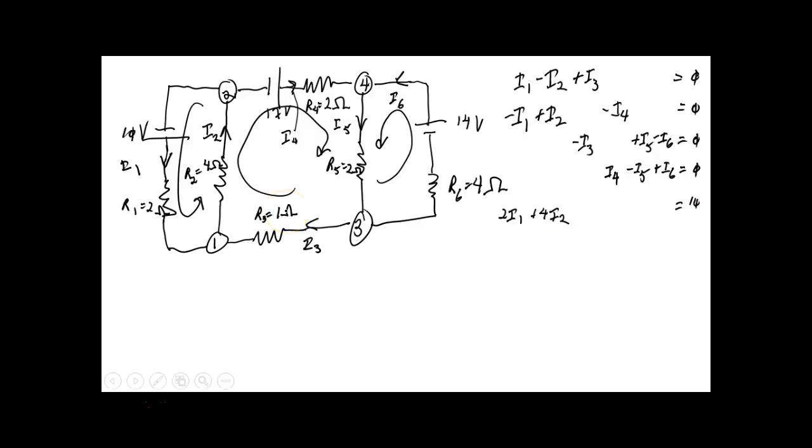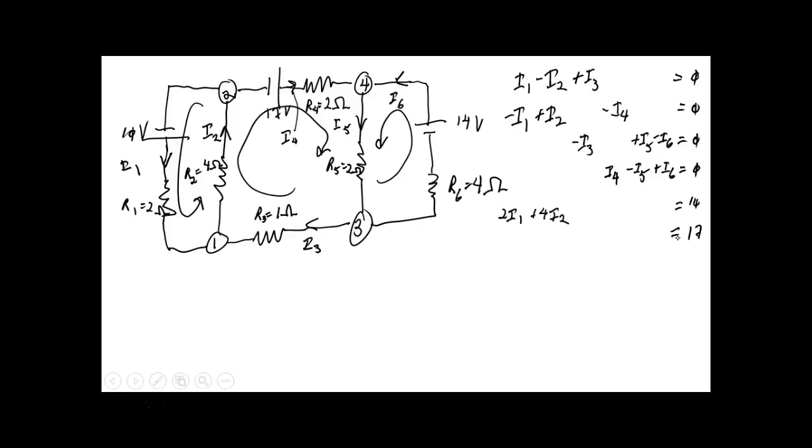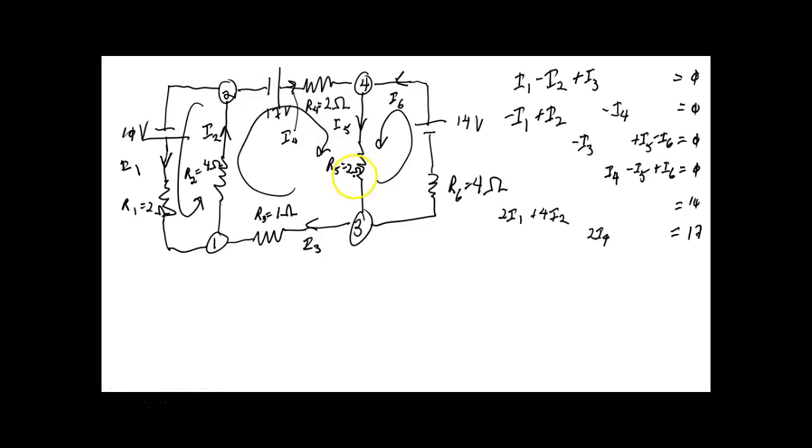Let's go to that busy one in the middle. It really doesn't matter where you begin. Let's begin at 2 again and go around. First thing you hit is, if you can read my writing, I think it's a 17. Yeah, 17 volts boost there. Let's see the drops that we have. First one we hit is 2I4. Okay. Next one we hit is plus 2I5.